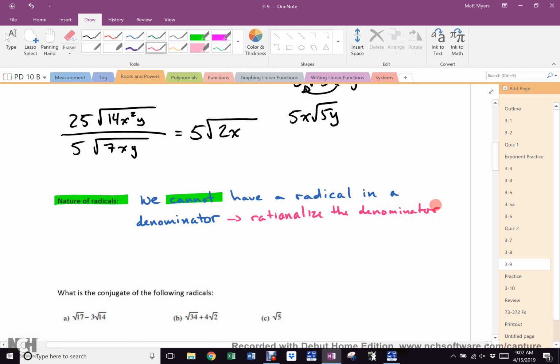And this is achieved, and I'm going to highlight that term, this is achieved by multiplying by a radical.